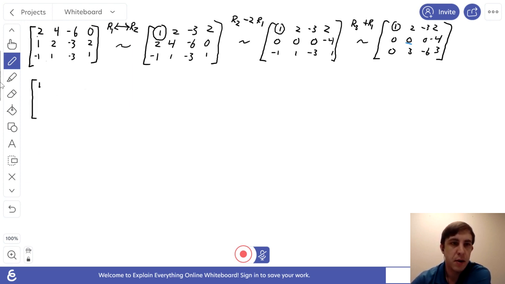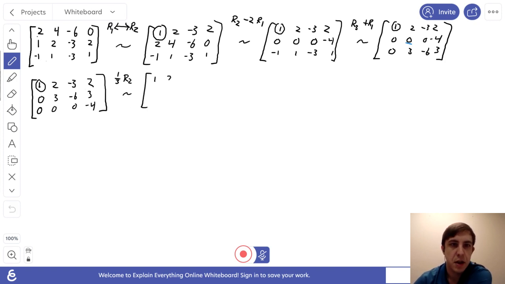So go ahead and write down our first row again, because we're leaving that alone. And now we're swapping those last 2 rows. We get 0, 3, negative 6, 3. And then we have 0, 0, 0, negative 4. And now, one way we can turn that 3 into a 1 is to multiply that whole second row by 1/3.